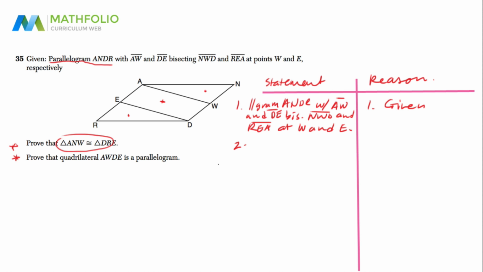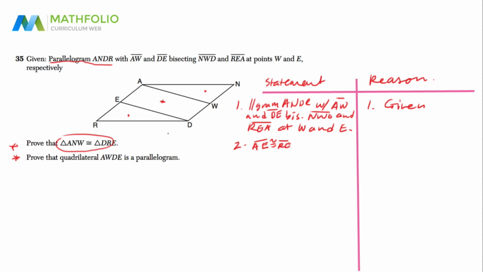So because we're told that this is a parallelogram ANDR, so A to N to D to R, the entire thing, we now know that certain segments are congruent. Segment AE is congruent to segment RE, so A to E and R to E, and that's because we know that DE is bisecting.